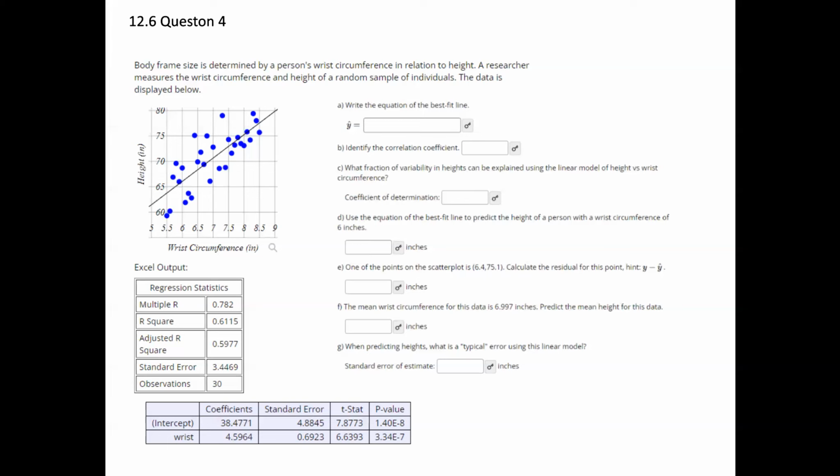The independent variable is the wrist circumference, and the height depends on the wrist circumference. The first thing it tells you to do is write the regression equation, y hat equals. You need to find from the tables they give you the y-intercept and the slope.